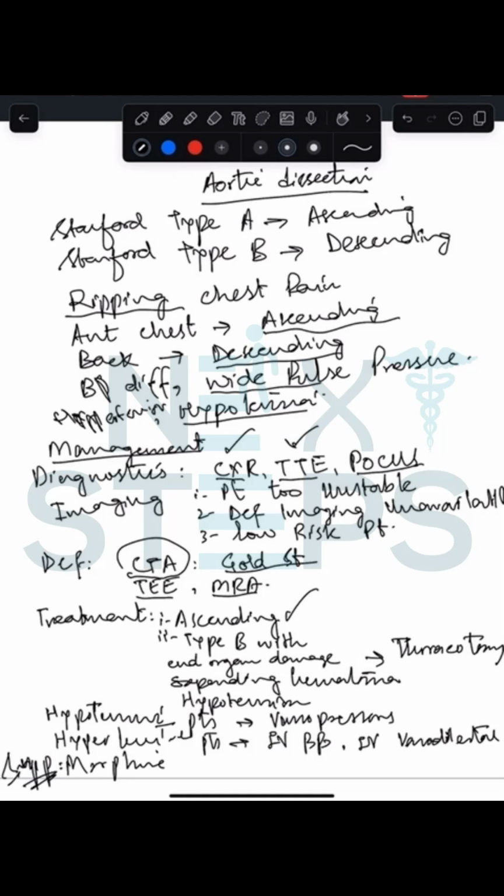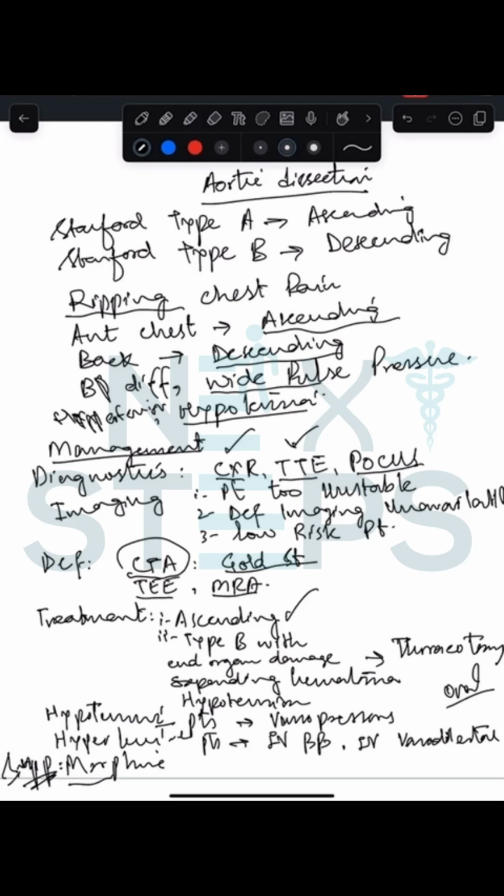Don't get confused with the oral options, because in some cases they can confuse you with them. So don't choose the oral option, always go for IV. IV beta blockers followed by IV vasodilators, and for pain control we use morphine. For hypertensive patients we use these medications as discussed.